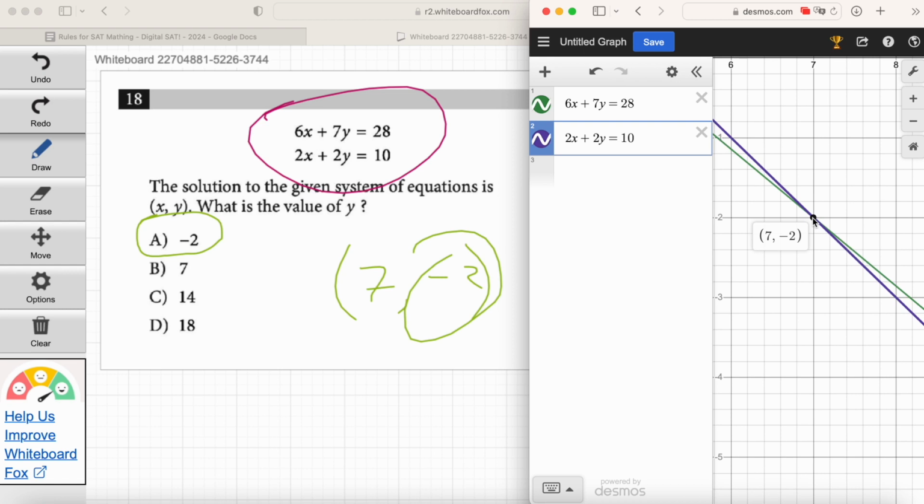You're guaranteed to get it if you just graph it. Anytime you see a system of equations, just graph it in Desmos. Questions about that? No. It is ridiculous how easy this test is if you can use Desmos. It blows my mind constantly. A lot of students are just going to go to math class mode.